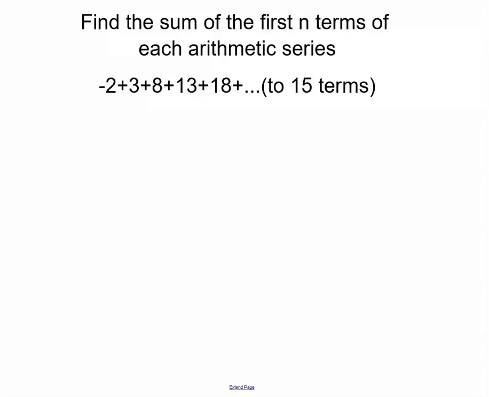You can recognize it's an arithmetic sequence because to go from -2 to 3, it's up 5. 3 to 8 is up 5. 8 to 13 is up 5. 13 to 18 is up 5. So we're going up by 5 each time. So it's an arithmetic sequence.